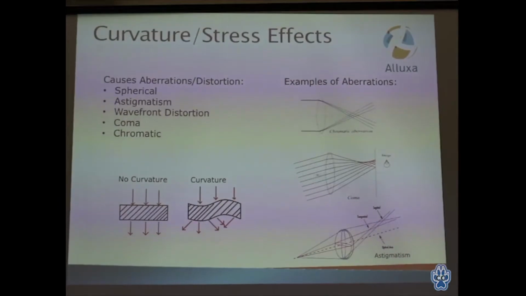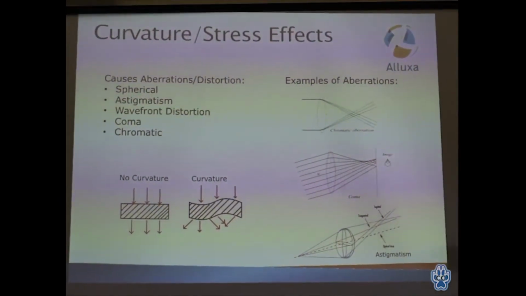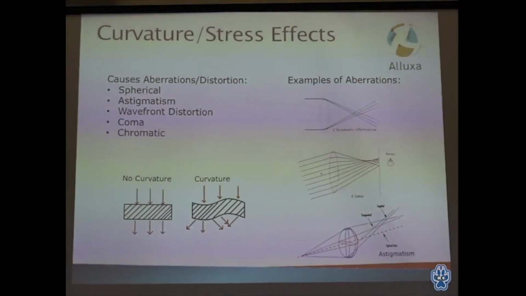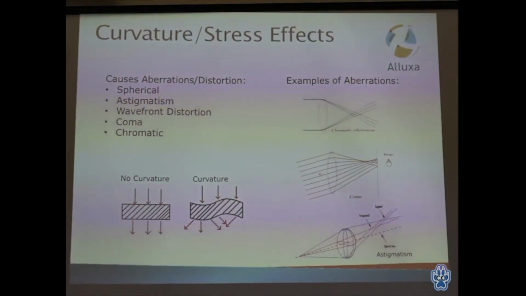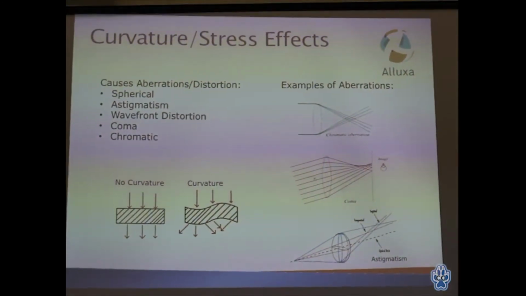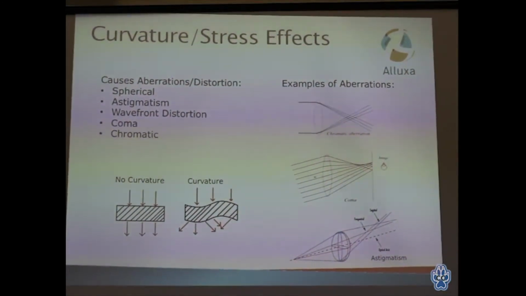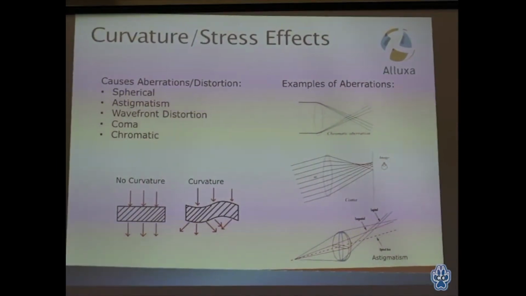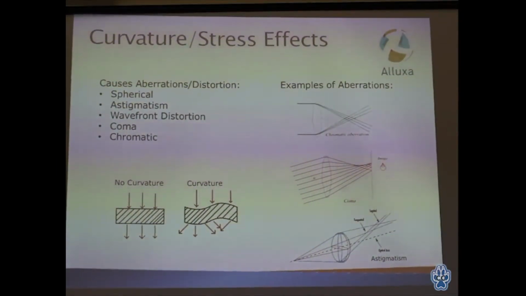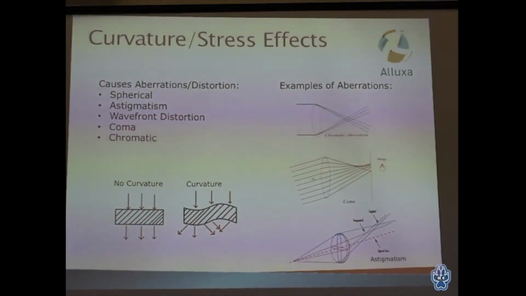That's the ideal perfect filter, never happens. Now, light hitting a curved surface comes in and then comes out normal to the surface, so it goes in various directions. This can cause a couple different types of aberrations or distortions, such as a spherical aberration, which is where you have light at the center, and then you have a ring of dark, a ring of light, a ring of dark, a ring of light.